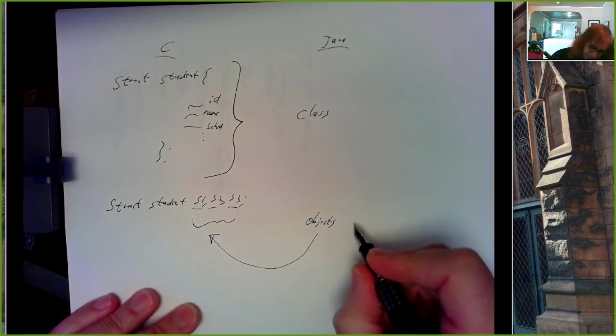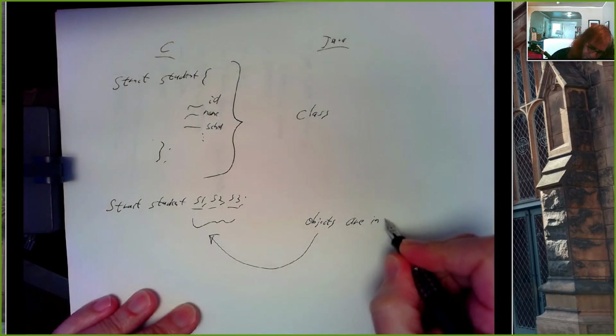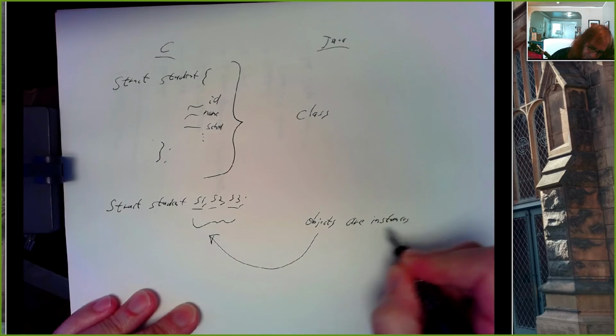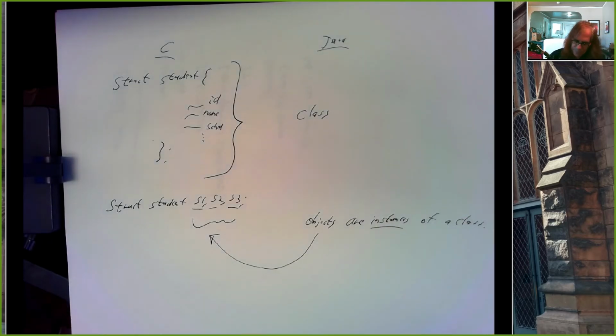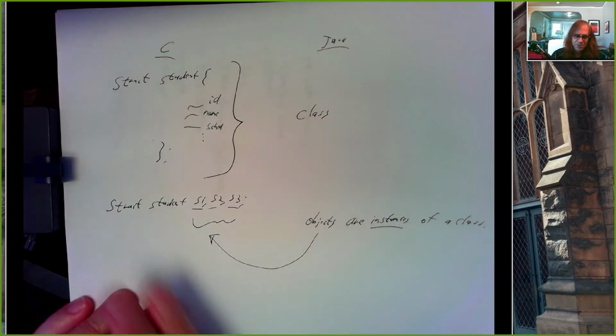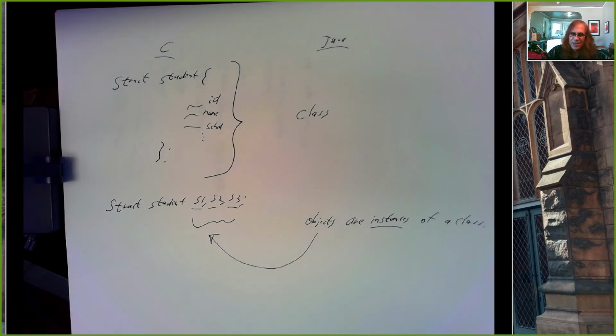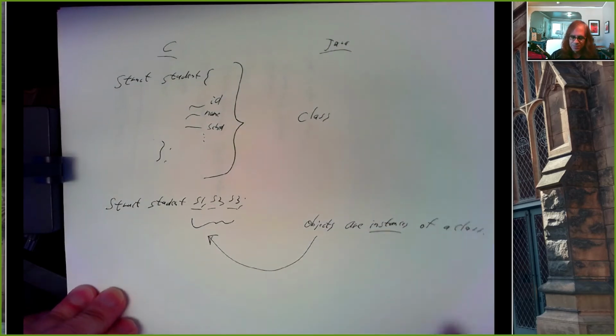So objects are instances of a class. Class is the description of what it means to be a student. An object is an actual student. Okay, don't worry too much about the terminology, but we'll be using these terms a lot, and this distinction will become more clear over time.